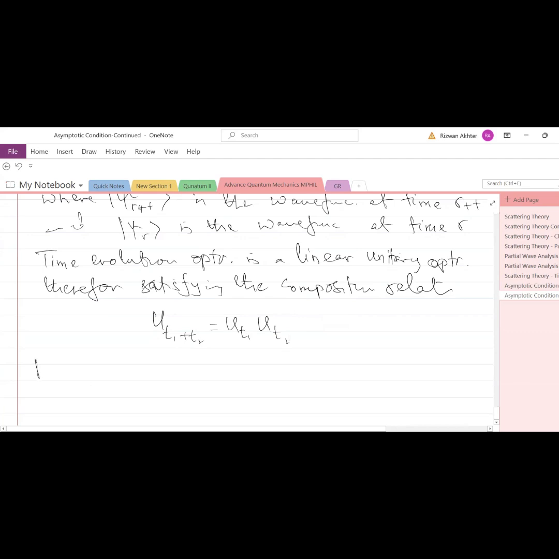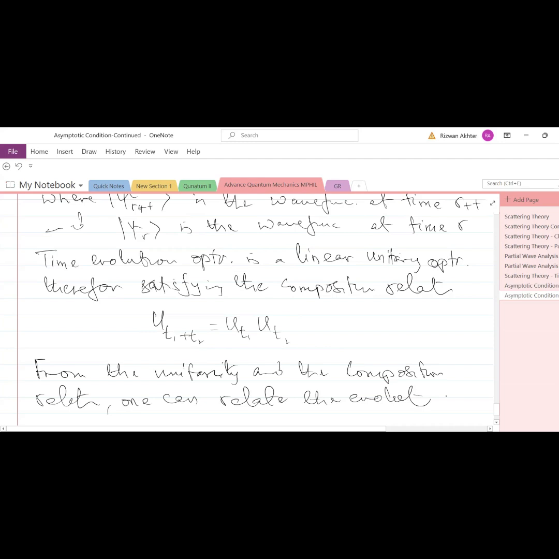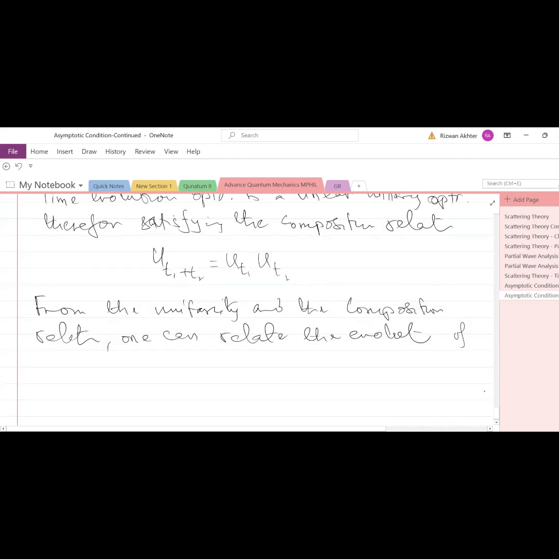And so from the unitarity and the composition rule, one can relate the evolution of positive times and negative times.